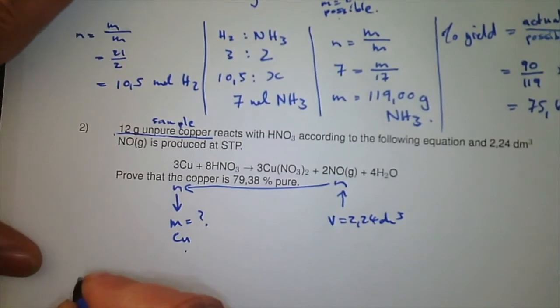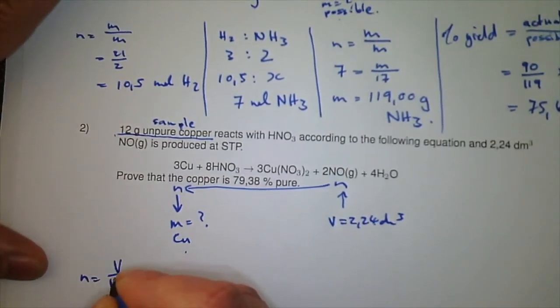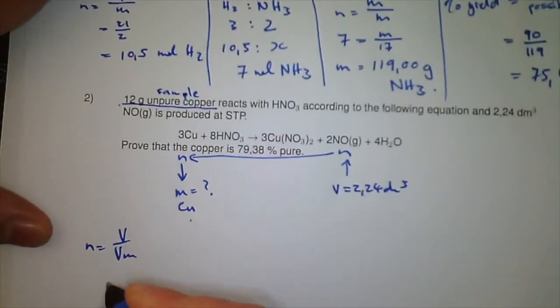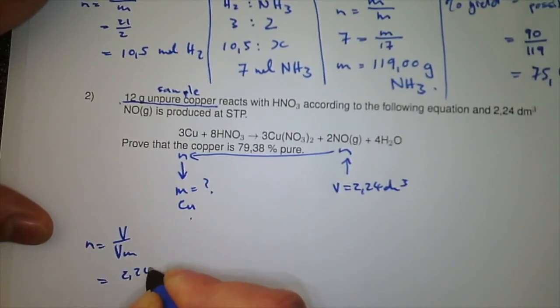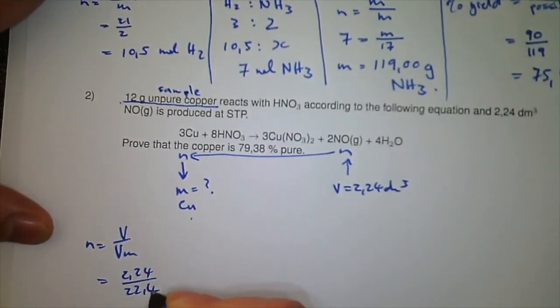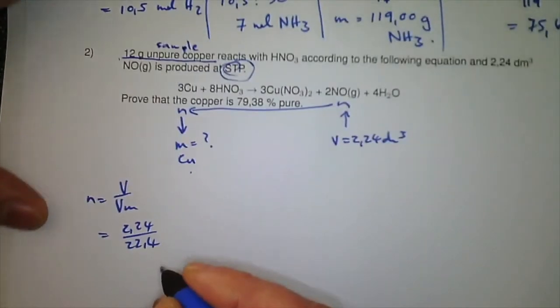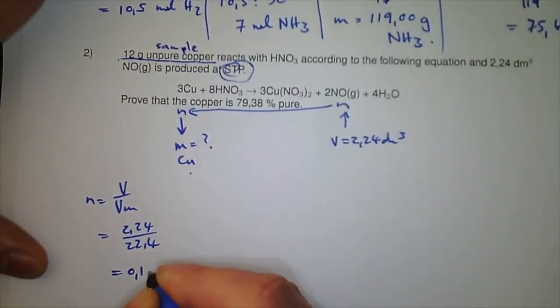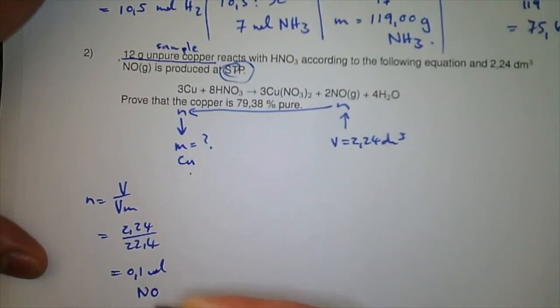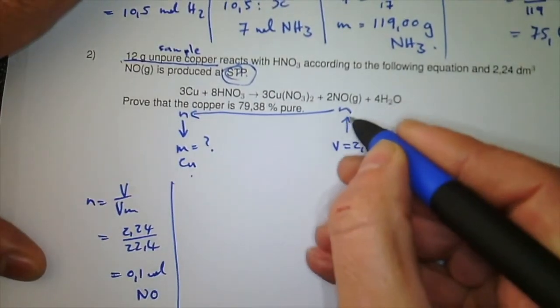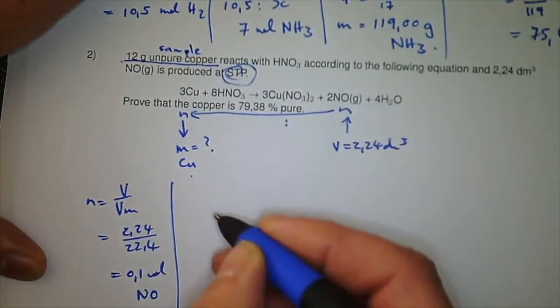So first I'm going to say n equals V over Vm because I'm working with a gas. So I've got my 2.24 divided by 22.4 because they told us we were at standard temperature and pressure, so that's fine, giving me 0,1 moles of NO. Now, from there to there, definitely a ratio.